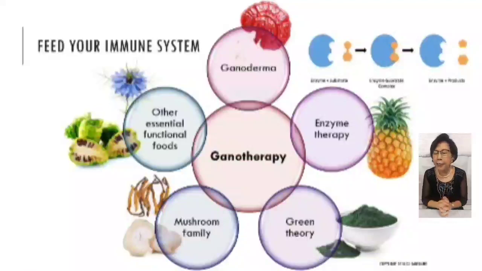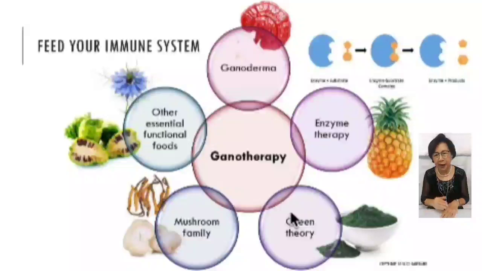Due to our hectic life, our stress, our poor diets, we lose a lot of enzymes in our body. Do you know, without enzymes, your cells cannot function, your immune system cannot function, your gastrointestinal region cannot function. So all our body systems need enzymes.